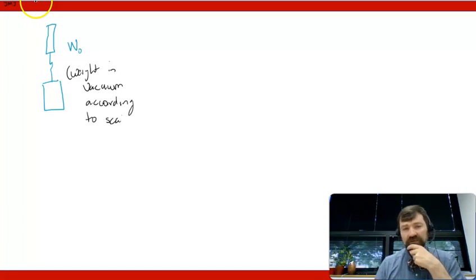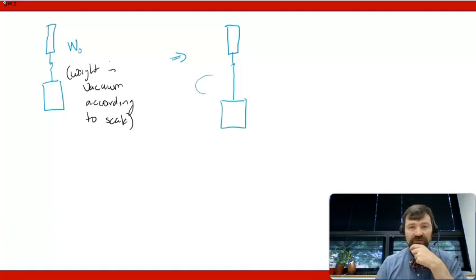And then I take the same object and I dunk it into water. Okay, so now again I have the same scale. Maybe I put a string or something like that onto the object. I put this object into a container, and the container has in it water.